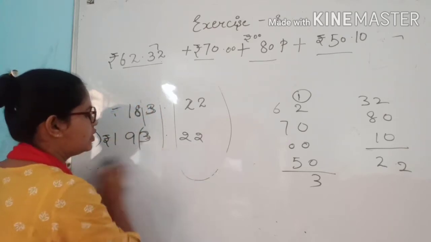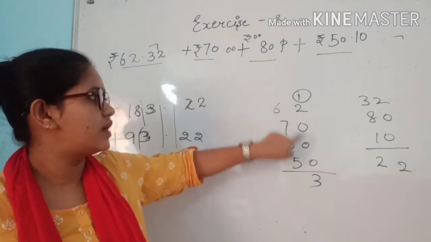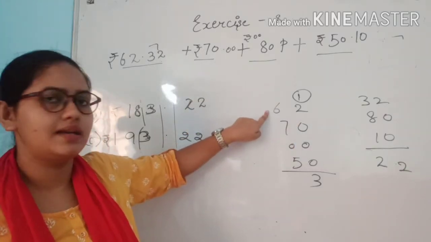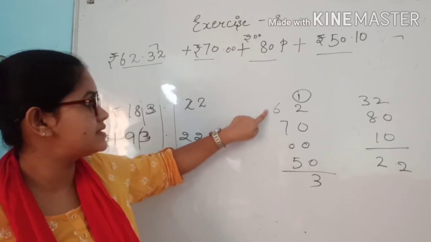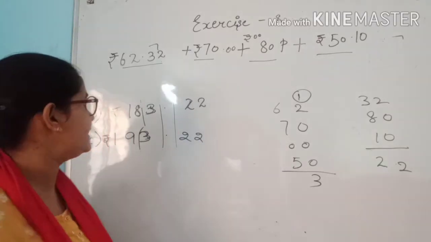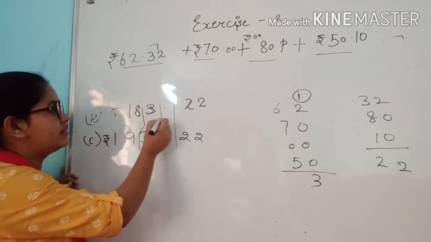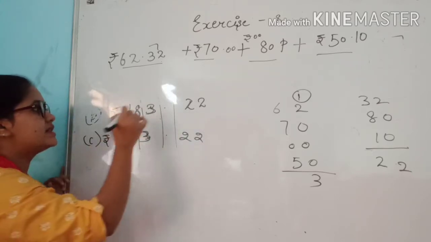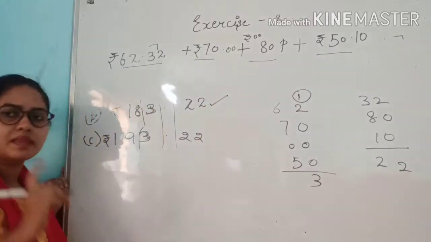So we have to take a look at this. We add this one, this becomes 3. 7 and 3, 7 and 6 and 5. See students, this 6 and 5 become 11. 11 and 7 become 18. Now you can see which answer is correct. This one, 183.22 paisa. So this one is correct.